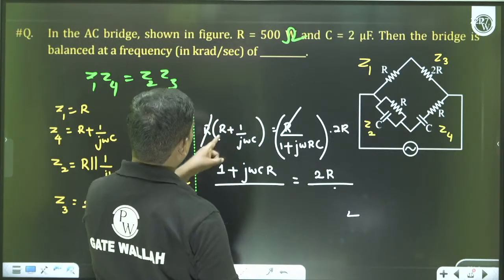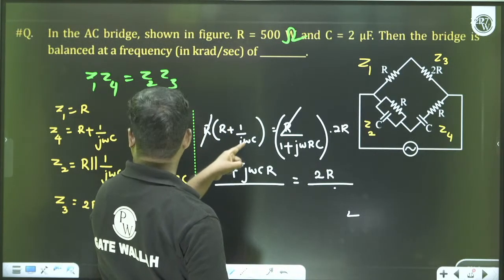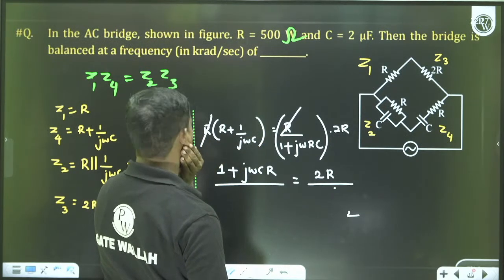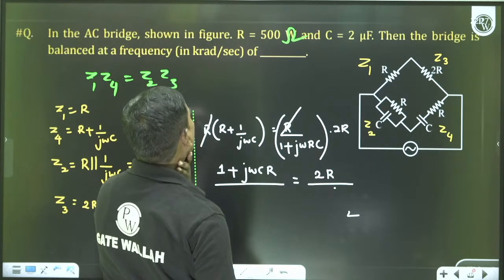This is R into 1 plus j omega C, equal to R by 1 plus j omega RC into 2R.